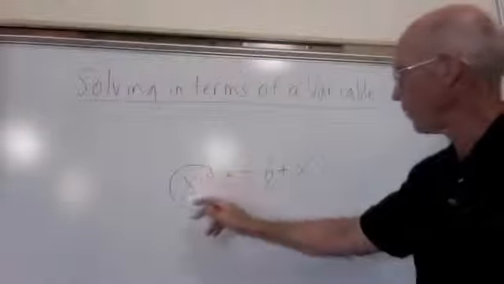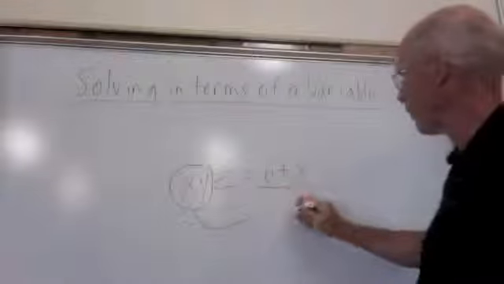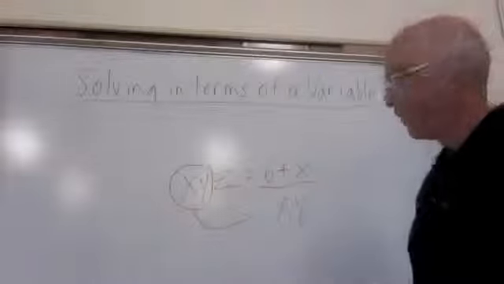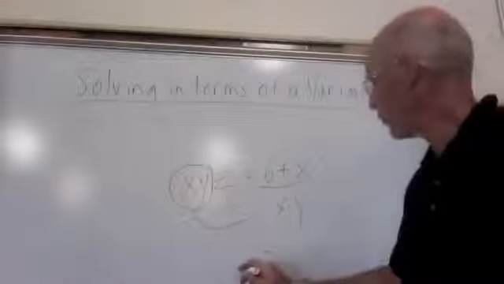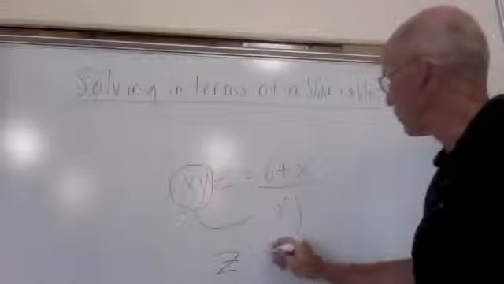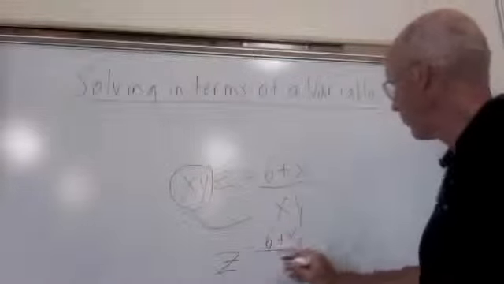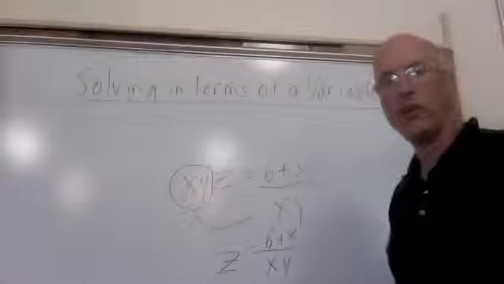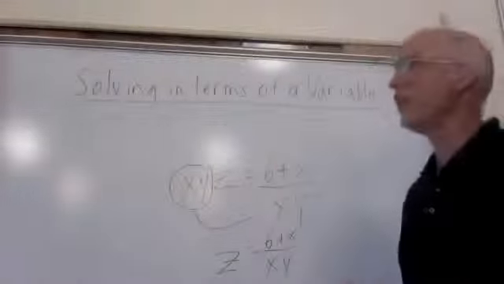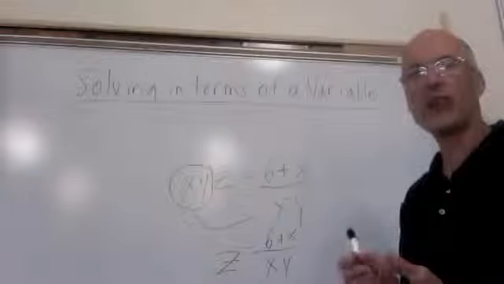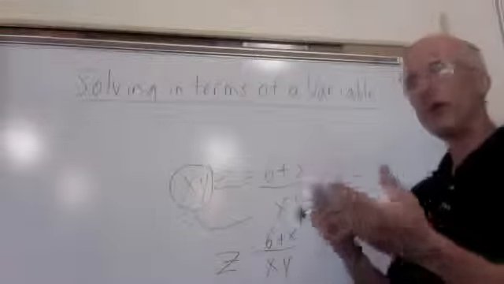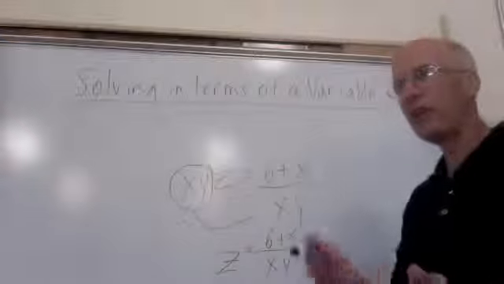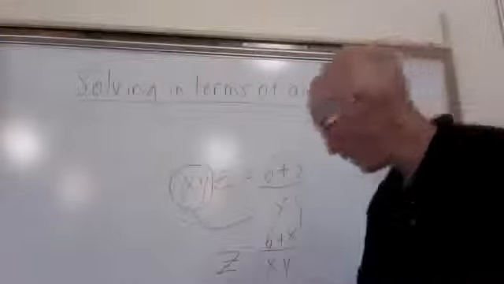And we're multiplying, so we're going to move it over to that side, and we're going to divide. Okay? So your final answer is z equals 6 plus x divided by xy. And that's all you can do. So solving in terms of a variable is just a fancy way of saying get whatever variable they say on one side and get everybody else away from it.